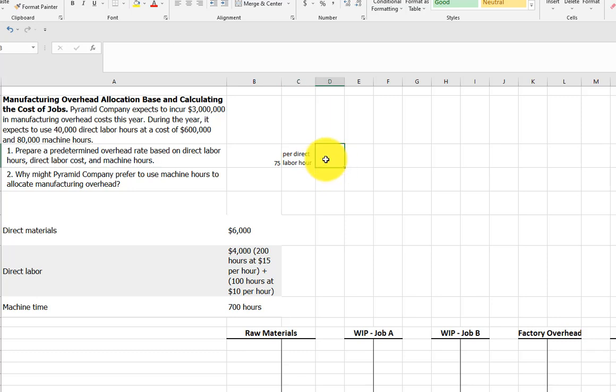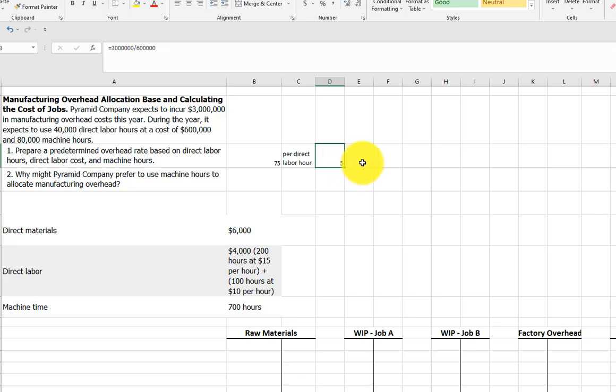The next one we are going to use, we're still going to take that same $3 million and divide by the $600,000. So this is $75 per direct labor hour. This is $5.